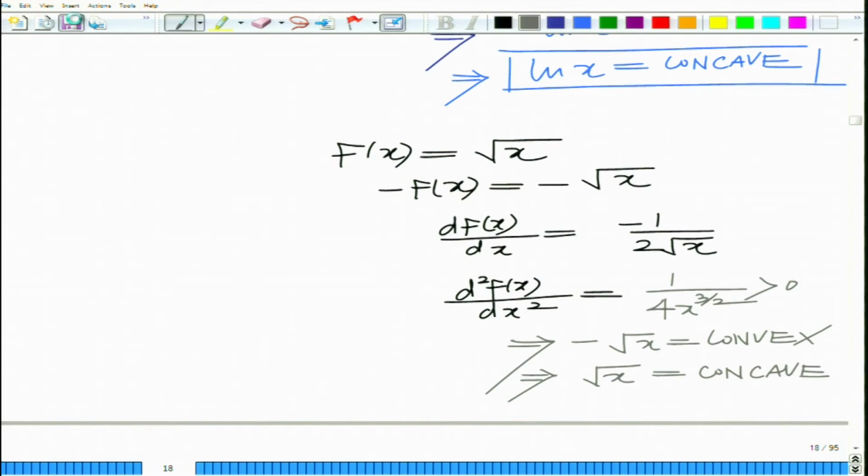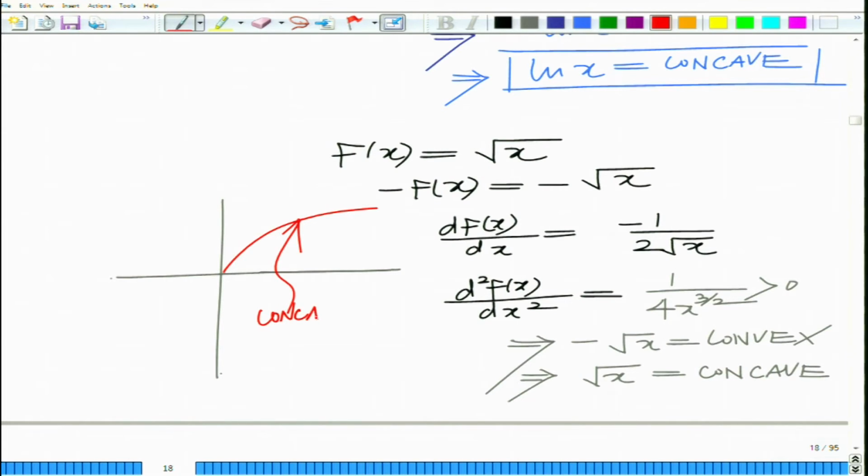Okay. And that is what we had seen yesterday. If you plot square root of x, it looks like this, and this is concave. Okay, so this is square root of x.